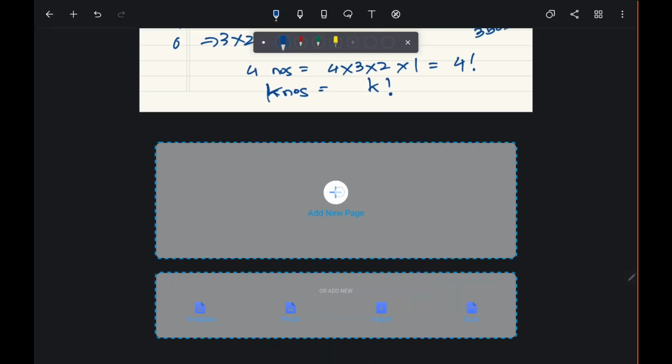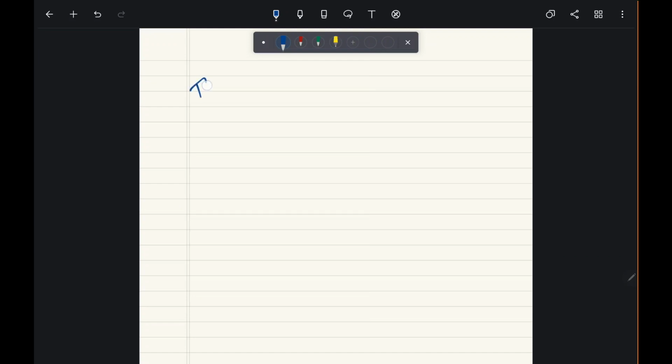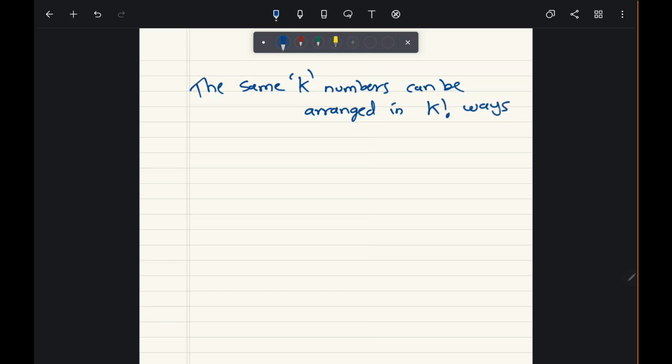So let me write that down. The same k numbers can be arranged in k factorial ways.